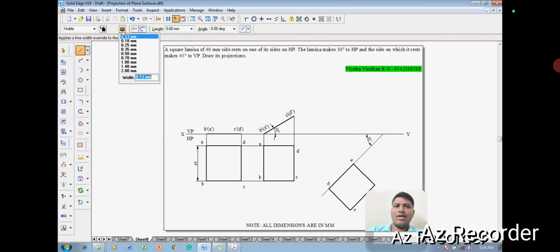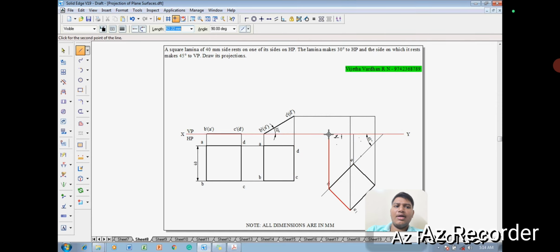Next I'll take lines of 0.13 mm. I draw straight lines upwards to VP from all the corners. I'll take a line from A and connect it to that A. I'll take a line from B and connect it to B.